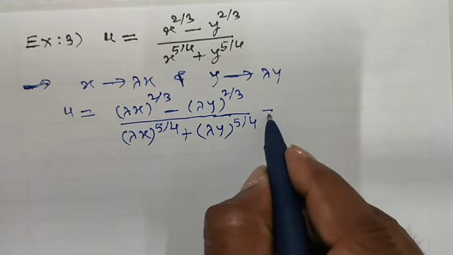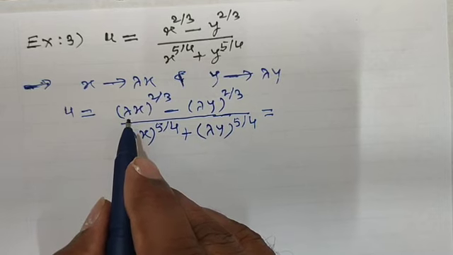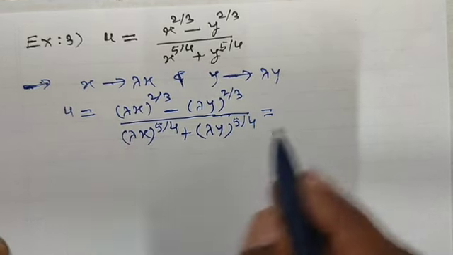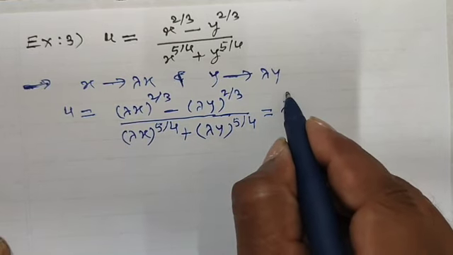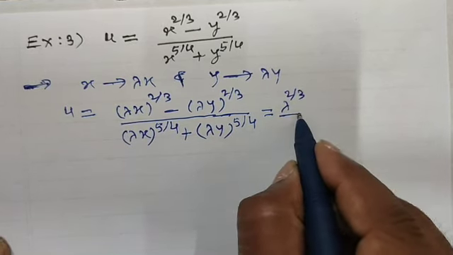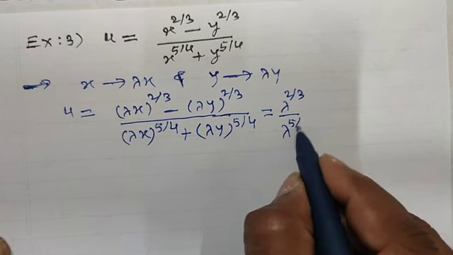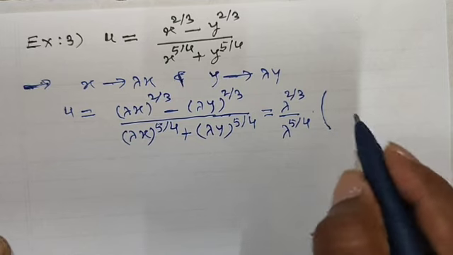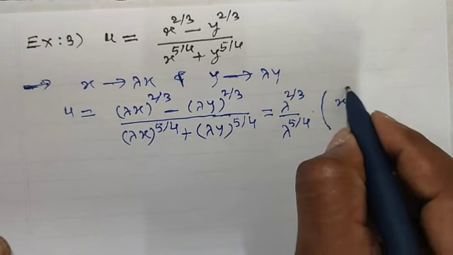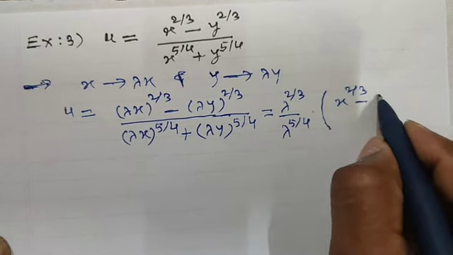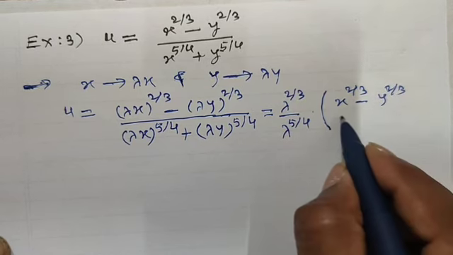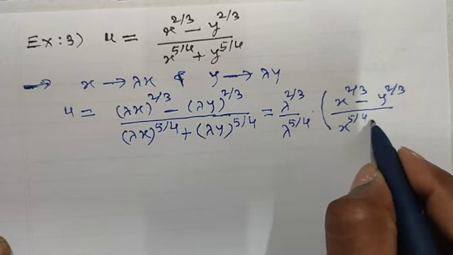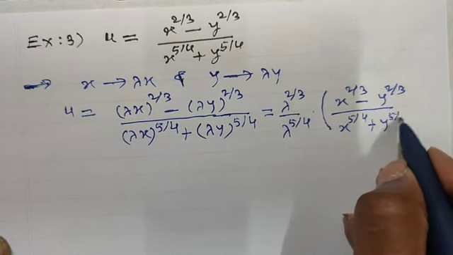And now you can take lambda to the power 2 by 3 common from the numerator and lambda to the power 5 upon 4 common from the denominator. Lambda to the power 2 upon 3 divided by lambda to the power 5 upon 4, into the remaining part, that is numerator will be x to the power 2 upon 3 minus y to the power 2 upon 3 divided by x to the power 5 upon 4 plus y to the power 5 upon 4.